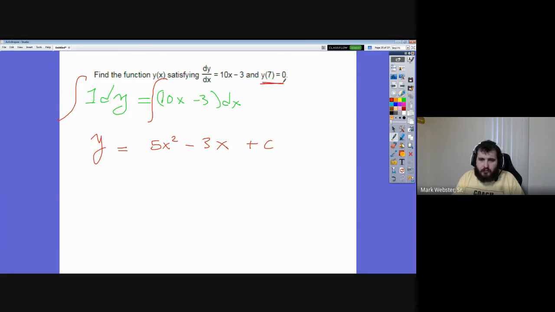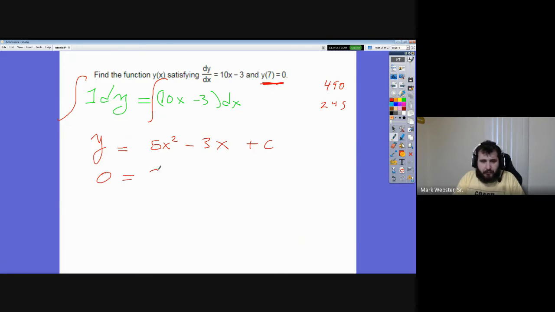And now we're going to use this initial condition, when x equals 7, y equals 0, to find our specific value of c in our specific function that we're actually talking about, right? So let's do that. Well, x is 7 and y is 0. So 0 equals 7 squared is 49 times 5 times 10 divided by 2.